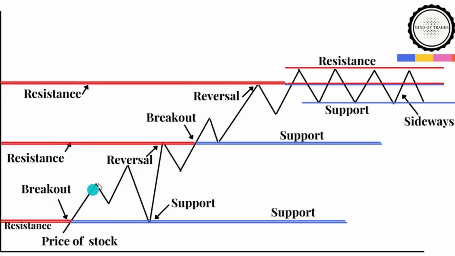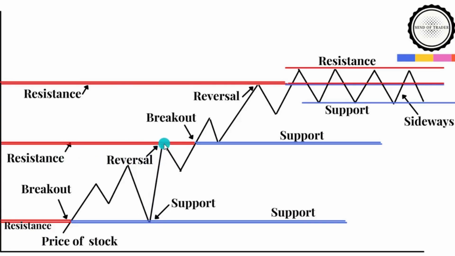So it gave a breakout and it took a retracement, and then it went up, and then it took a retracement again and took support from this sensitive line. Remember, the support which is now behaving was resistance before the breakout. So it took support here and it reaches the resistance here.